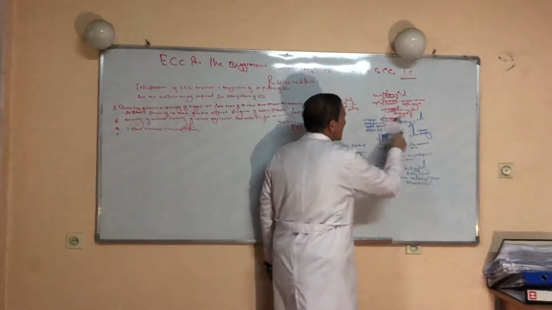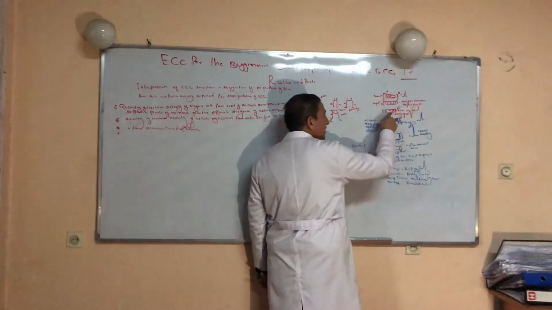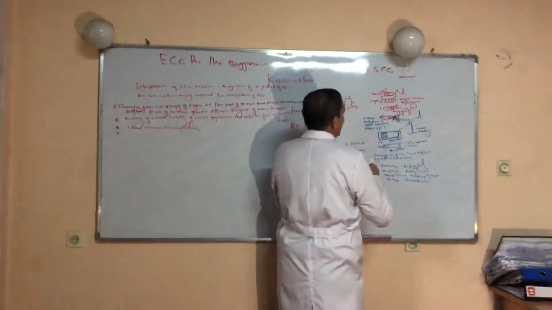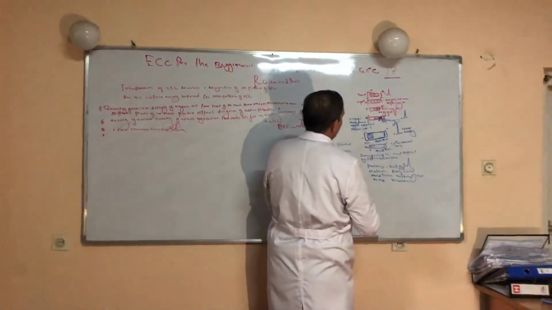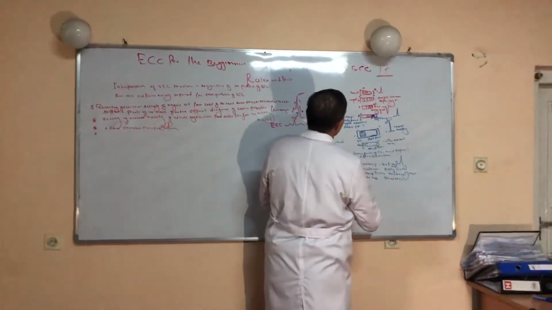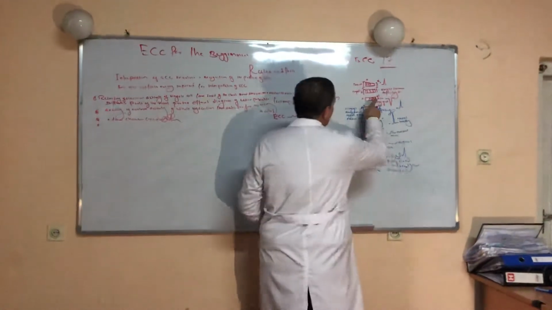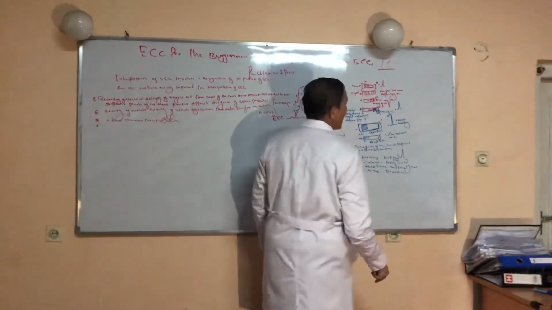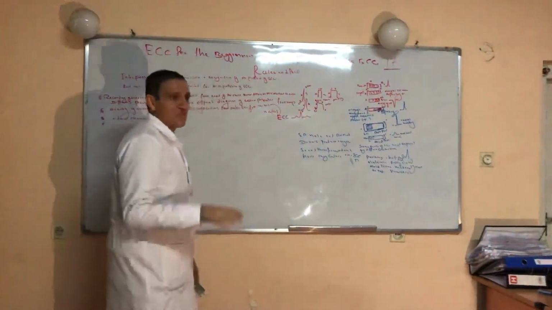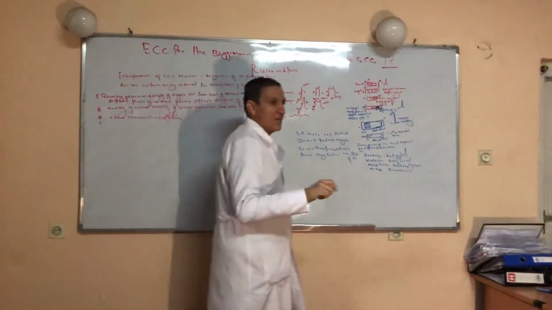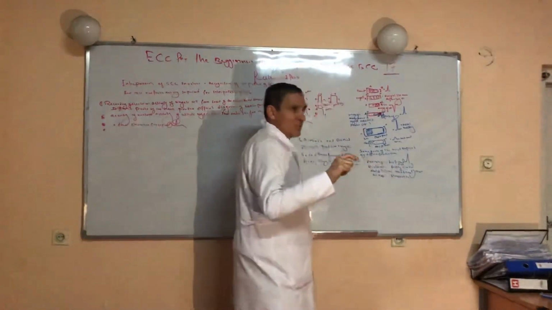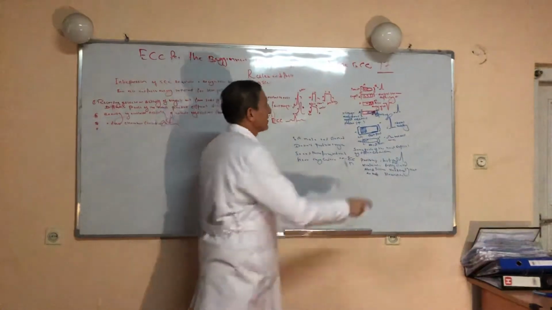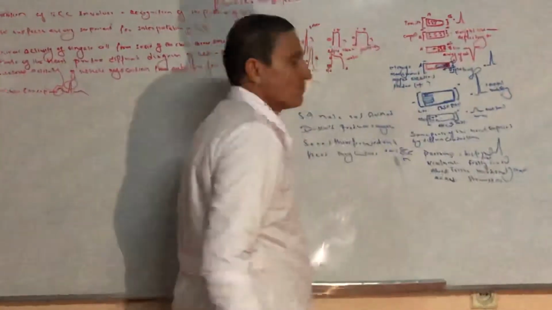Right now, when the positive charge moves away from the positive electrode, the deflection in the needle would be negative. Positive charge toward the positive electrode, deflection is positive. Complete depolarization, a straight line. And when positive charge moves away from the positive electrode, the deflection in the needle would be negative.